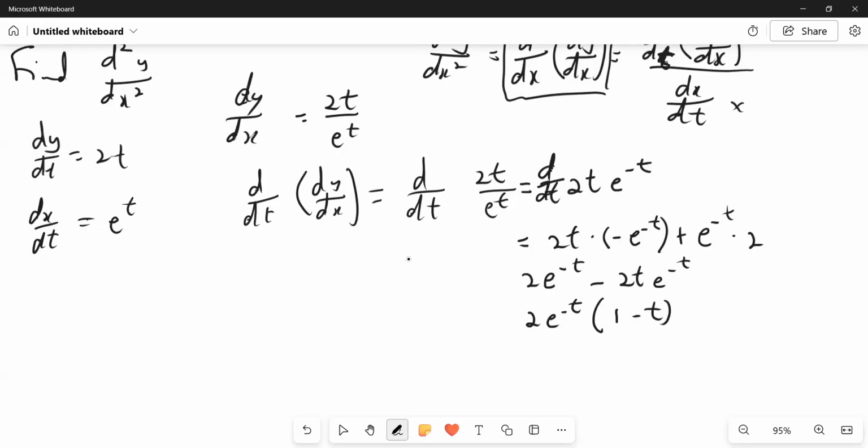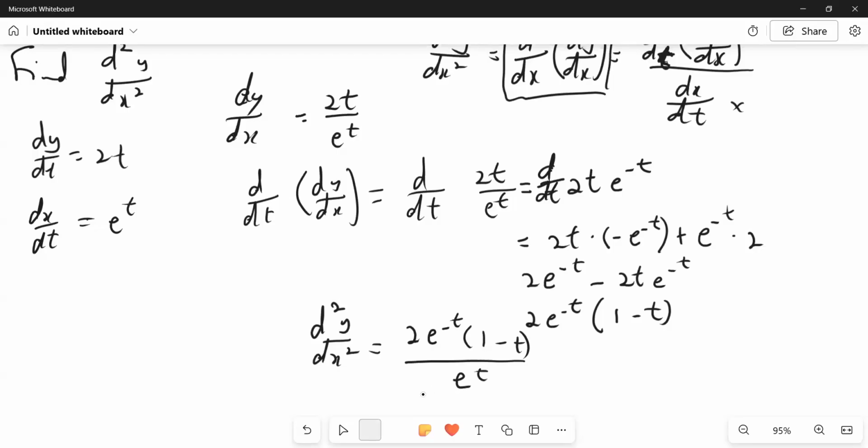We just have to divide it now. So d squared y over dx squared would be 2e to the minus t times (1 minus t), all divided by e to the t.